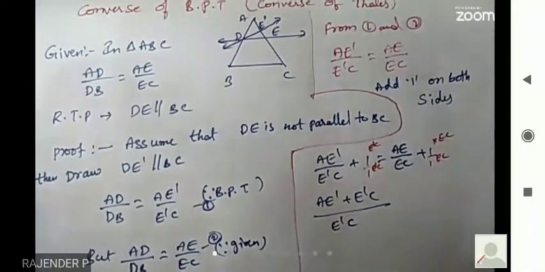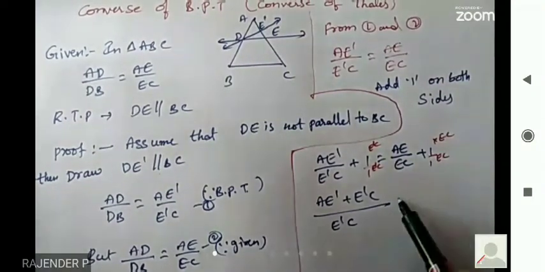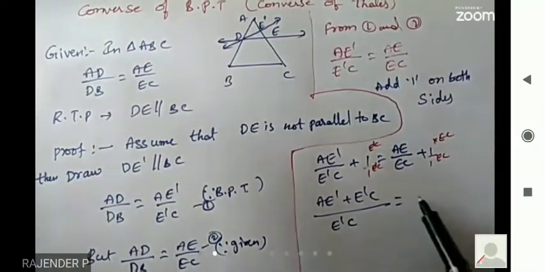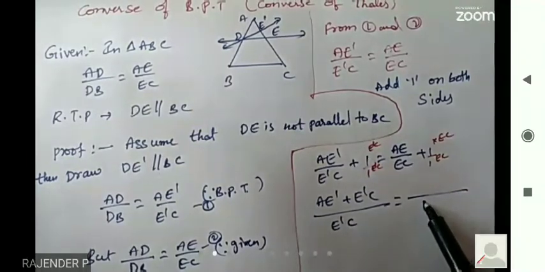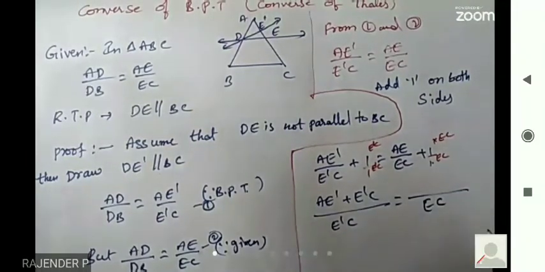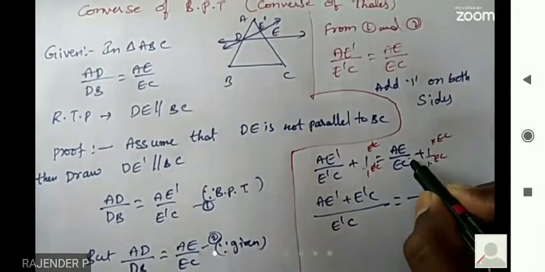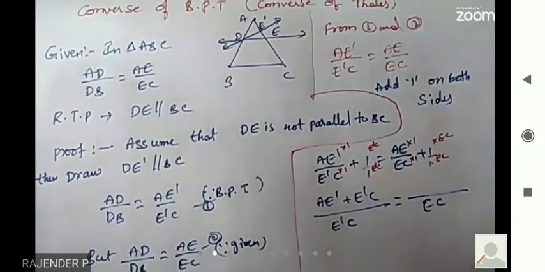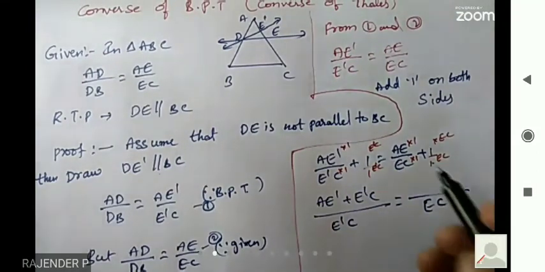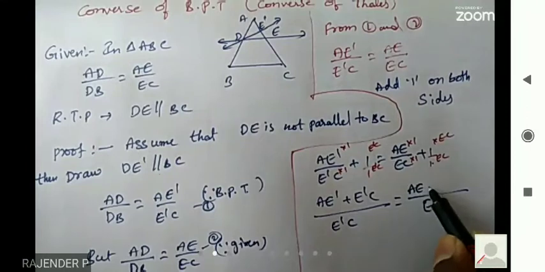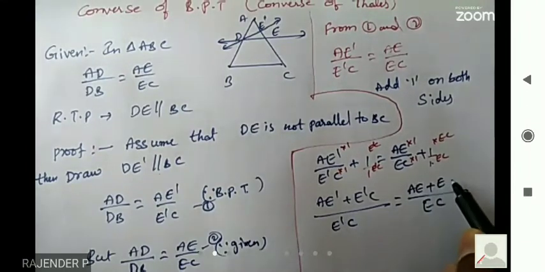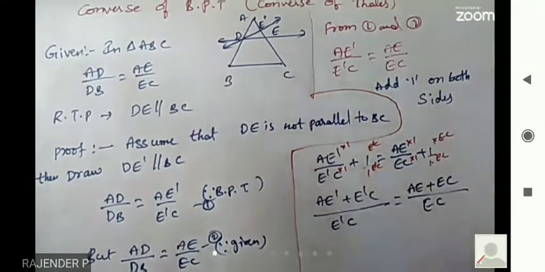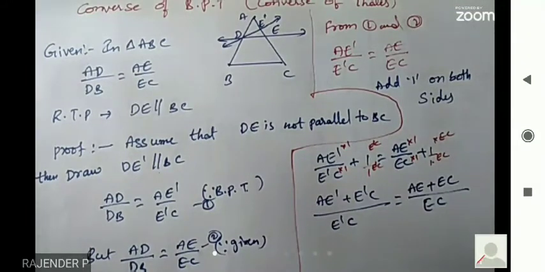For that also we have to find the LCM. EC and 1 means the LCM is EC.